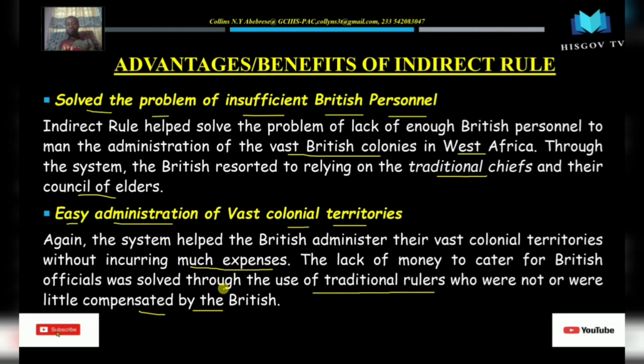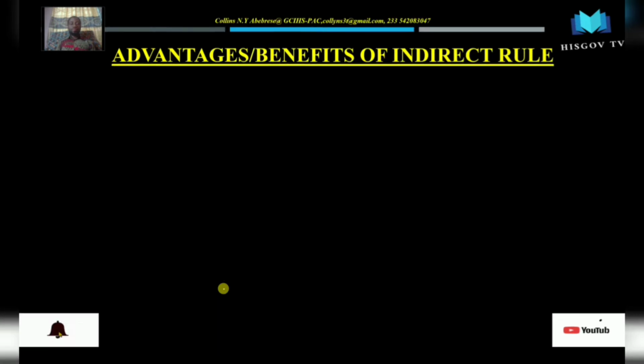And so what we are saying here is that indirect rule helped again the British to administer vast parts of their colonial territories without having to spend or incur a lot of expenses. Good. So I hope you are cool with these two points. Let's go on and look at more of the points.